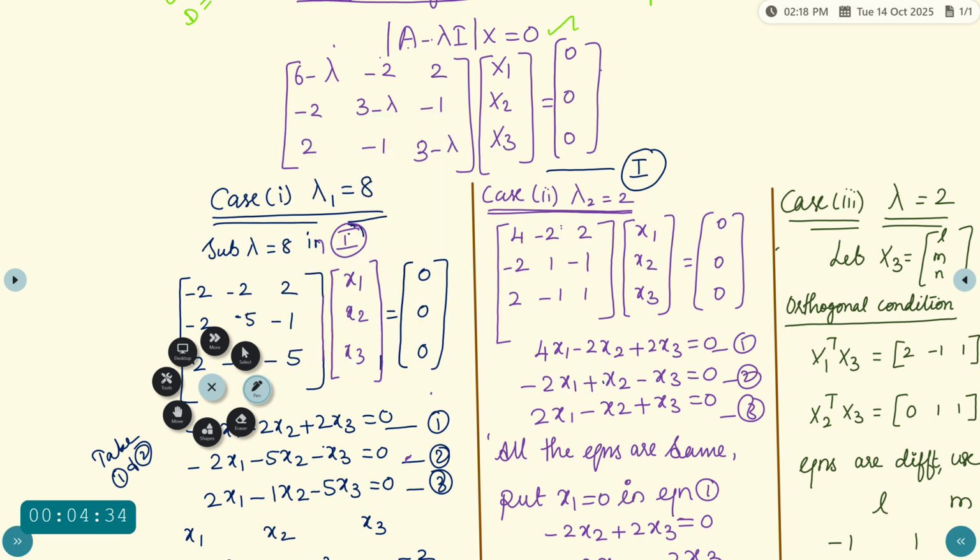This is the base equation. I am going to substitute that A minus lambda, where the diagonal values have minus lambda and the remaining values are as they are, times x1, x2, x3 equal to 0, 0, 0.